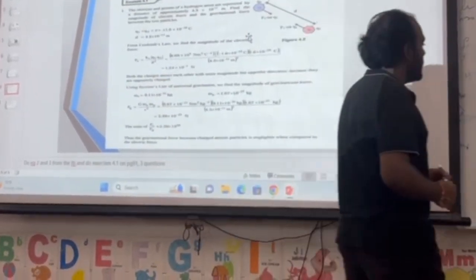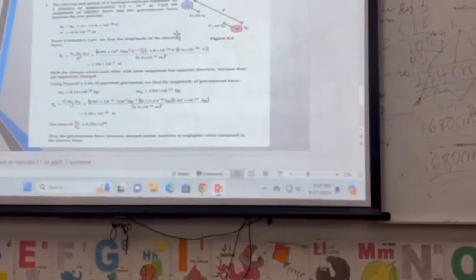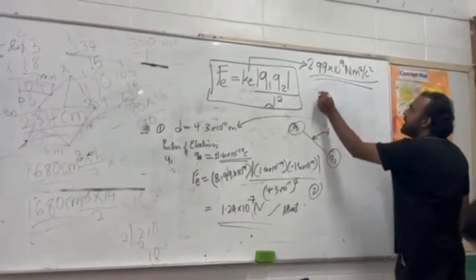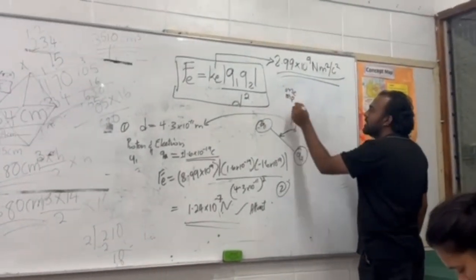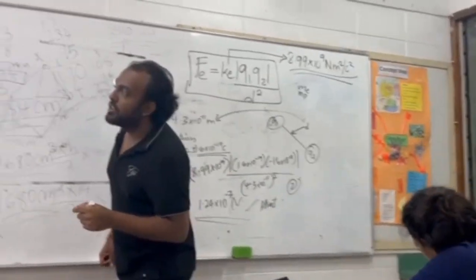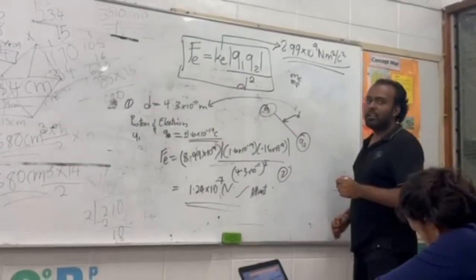So we know the mass of an electron, the mass of the proton. Then we use Newton's law of gravitation formula. So what is that formula?